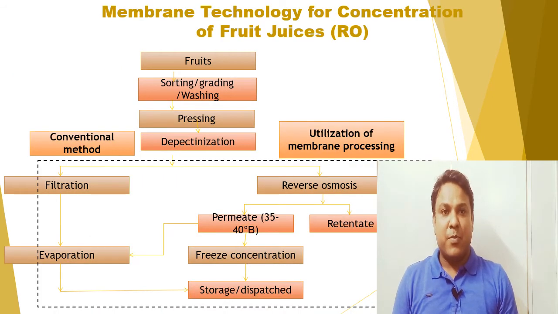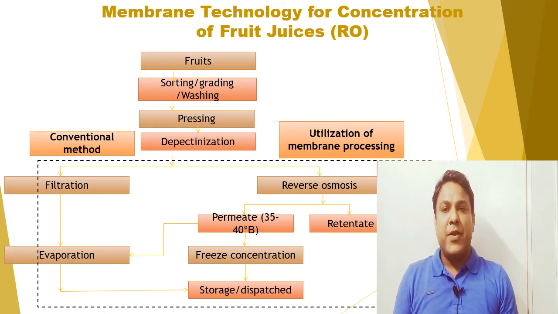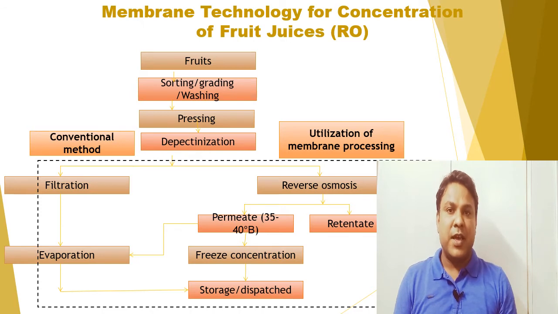We will see membrane technology for concentration of fruit juices. After the application in dairy and seawater, membrane technology in food processing is used for the concentration of fruit juices. Membrane technology has emerged as a substitute to the traditional juice clarification and concentration process, as it requires less manpower, reduced operating cost and low temperature.